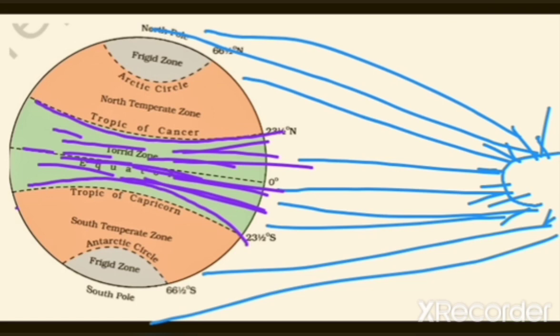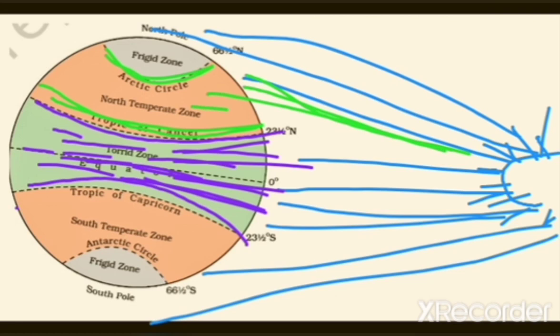Then the next area, the area between the Tropic of Cancer and Arctic Circle, is receiving moderate temperature because the rays are slightly slanting in this case.